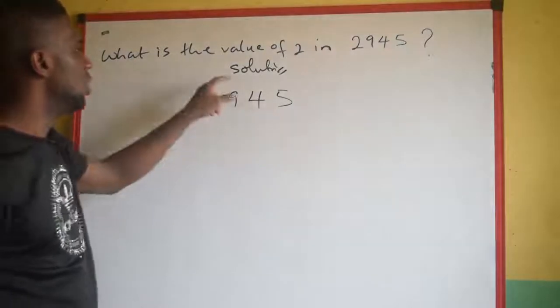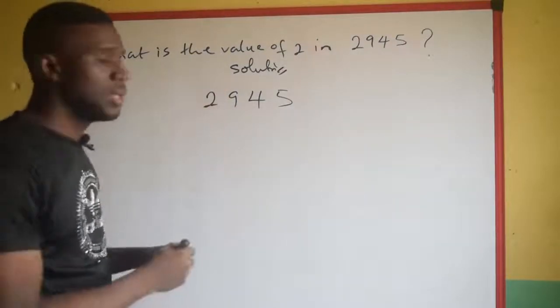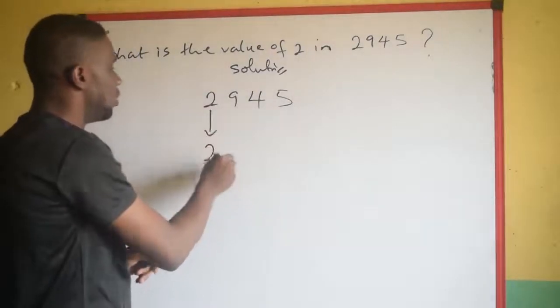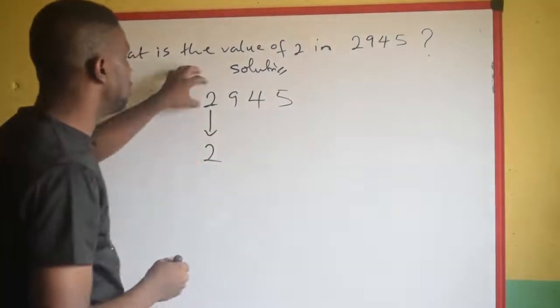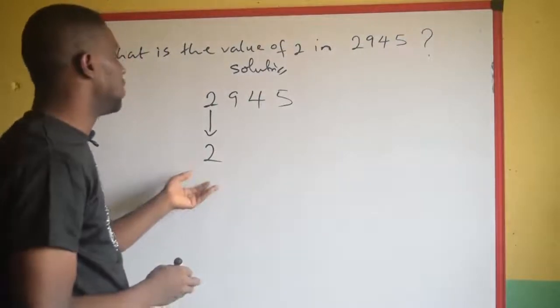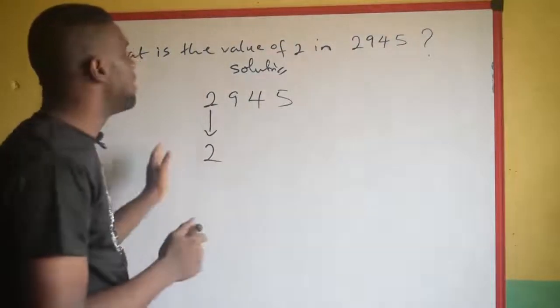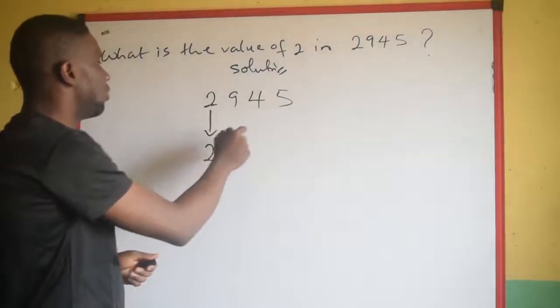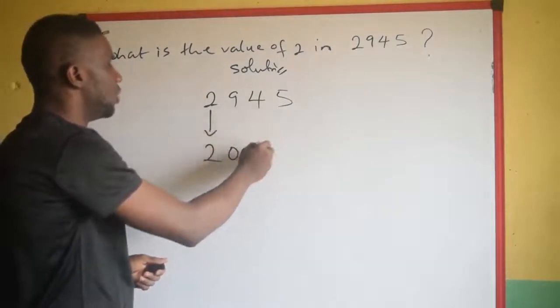This is not 2, this is not 2; look at 2 here. We put an arrow down and bring our 2 down. Then every other number immediately after 2 becomes 0.